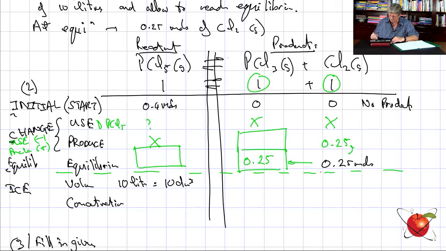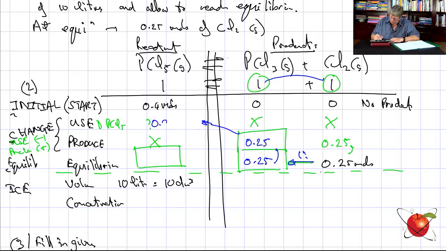Makes sense? Let me just change it to blue because I think it's a bit nicer to read. I must have 0.25 moles of that because they react 1:1. So if I've got that, I must have that. Therefore, I can fill in 0.25. Now going through the table, if I produced 0.25, how much did I use?